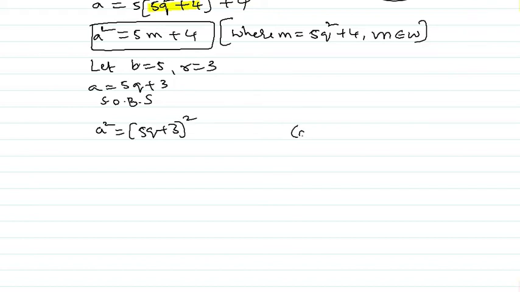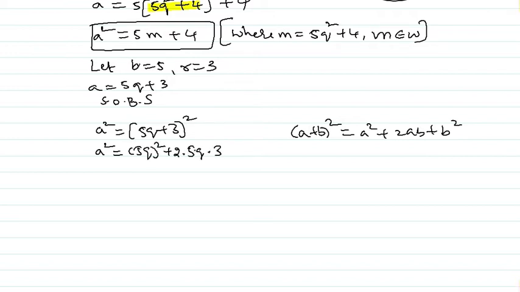Now again use the identity, a plus b whole square is equal to a square plus 2ab plus b square. Now we can write a square is equal to 5q whole square plus 2 into 5q into 3 plus 3 square. So a square is equal to 5 5s are 25q square, 2 5s are 10, 10 3s are 30q, plus 3 3s are 9.